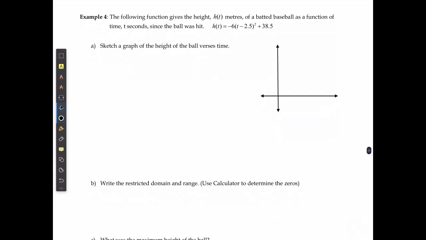For example 4, the following gives the height in meters of a batted baseball as a function of time since the ball was hit. Now we have new variables. It's saying that I wind up with the height is going to be h as a function of t.